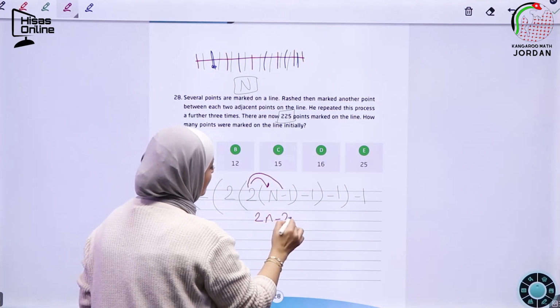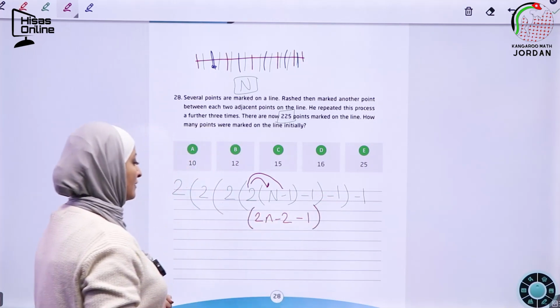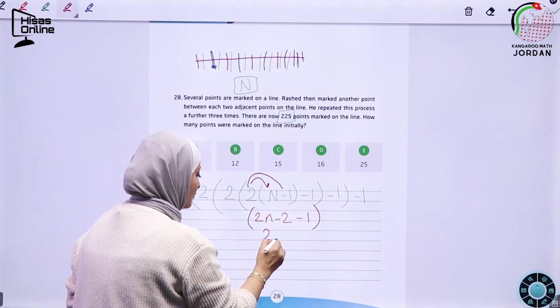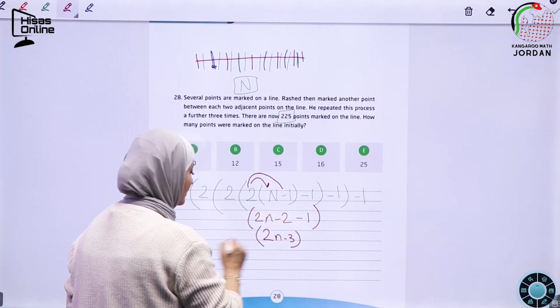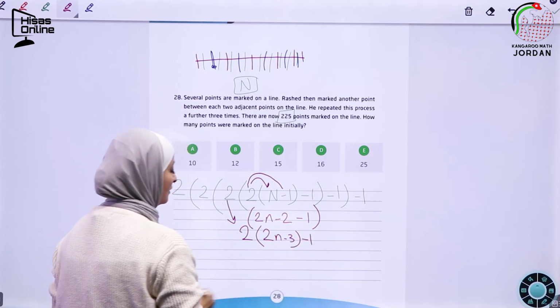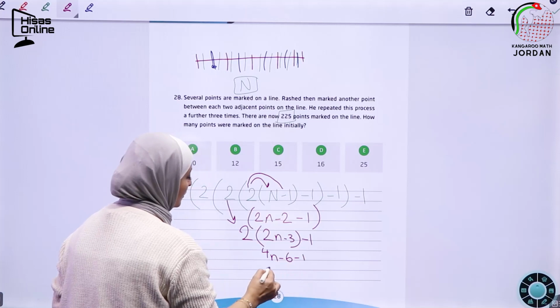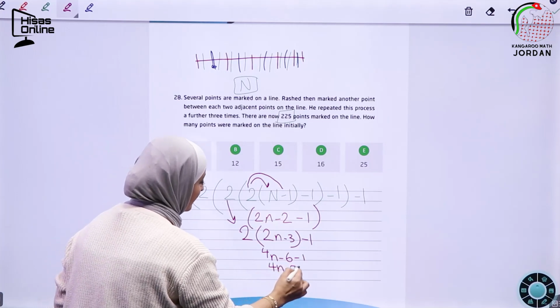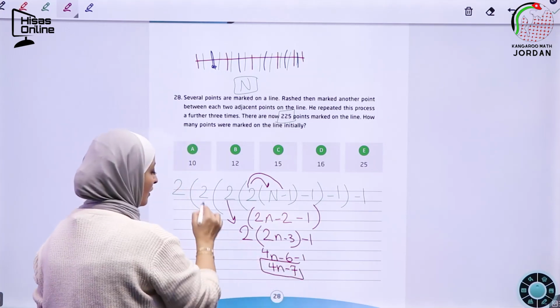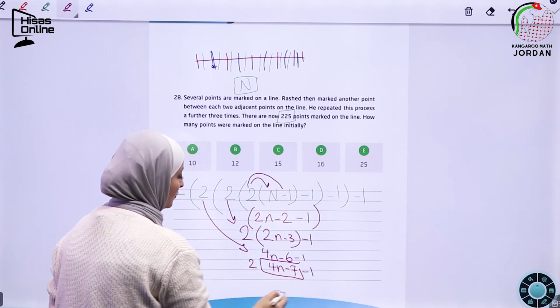2n minus 2 minus 1. This is my first time. It's 2n minus 3. This is the first one. Times 2 minus 1. So it's 4n minus 6 minus 1. So it's 4n minus 7. Okay. Then times 2 minus 1.